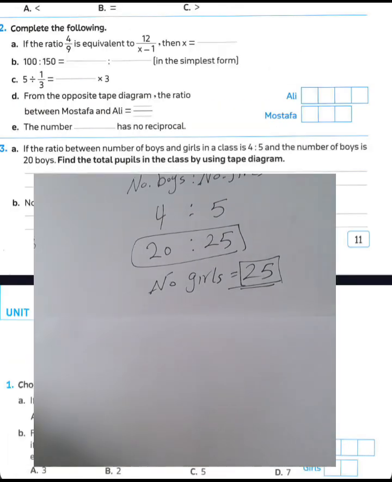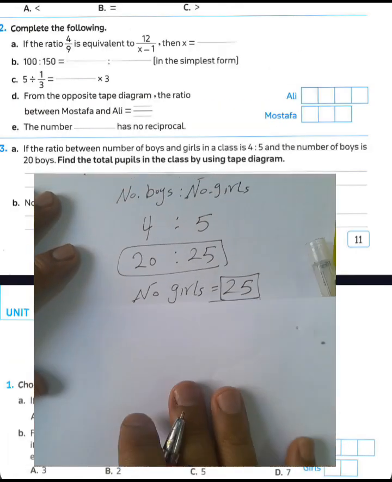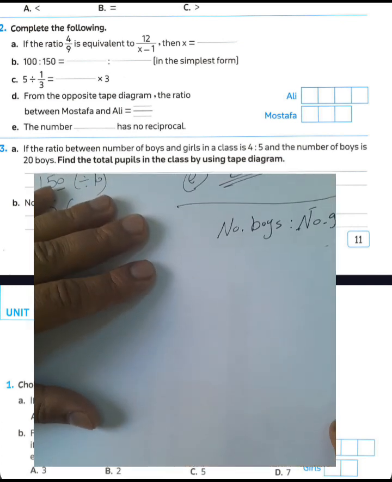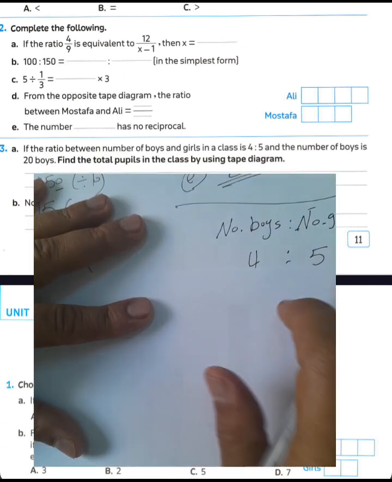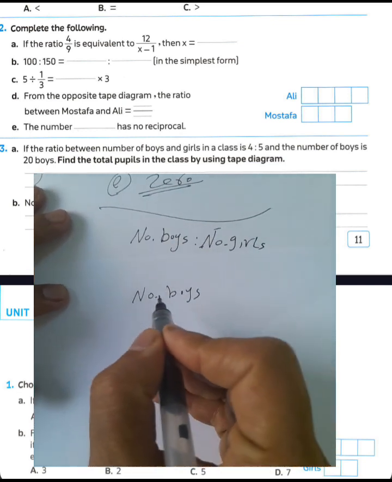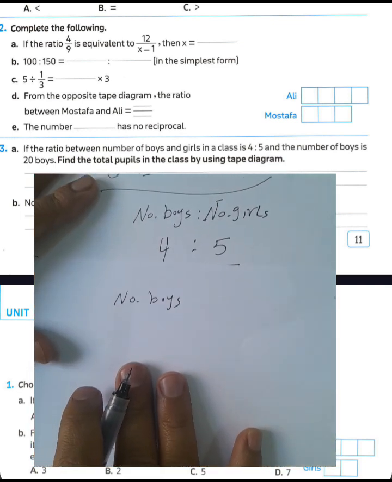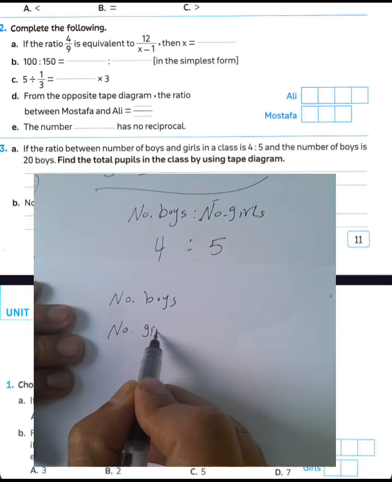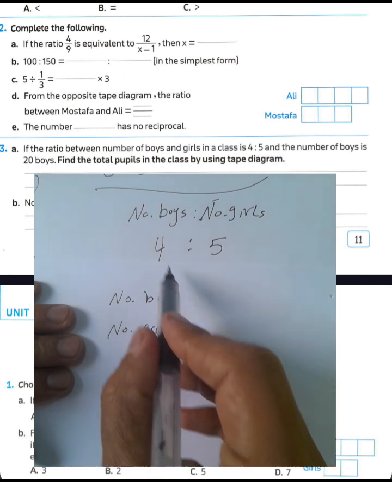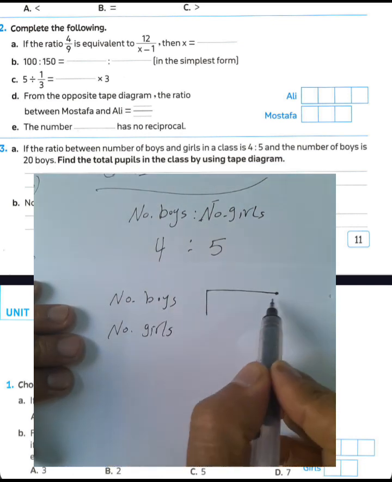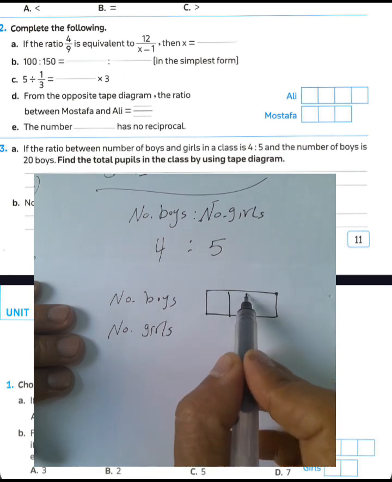Using a tape diagram. Okay, I will solve this example by using a tape diagram. He gives us the ratio between the number of boys and girls. We can write number of boys, and the number of girls. We have 4. Count here, draw 1, 2, 3, 4.